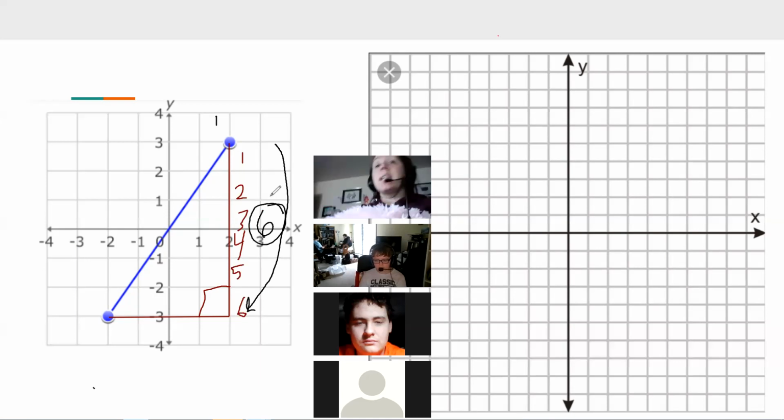Definitely. And I appreciate that person labeling kind of how we count it. That's good. What about the horizontal leg? I appreciate the labels, but I think we forgot a number down here.